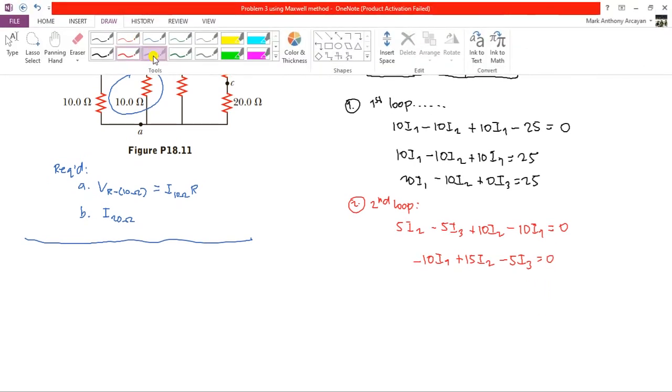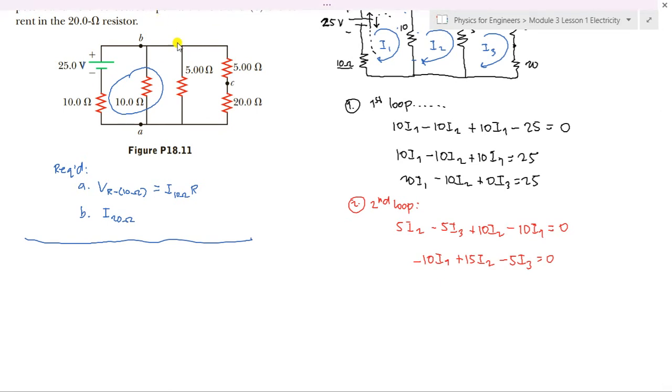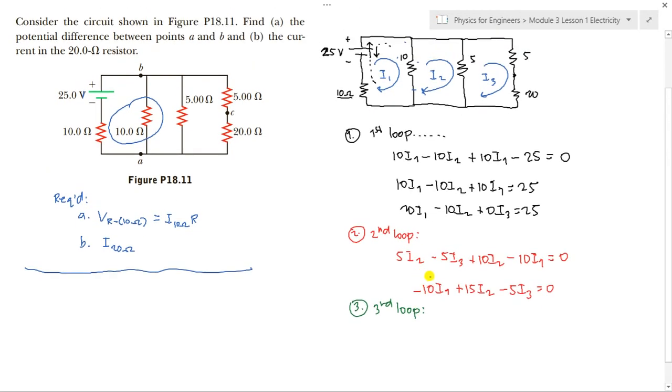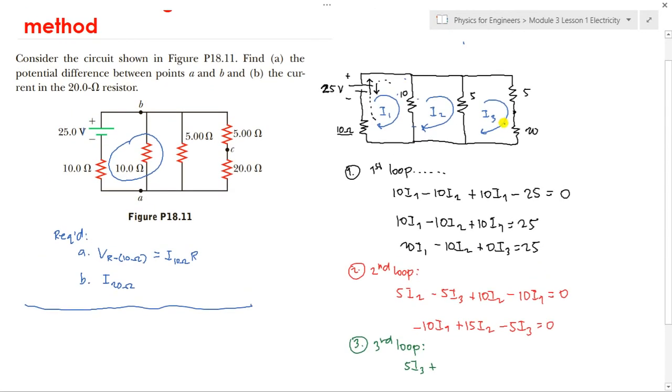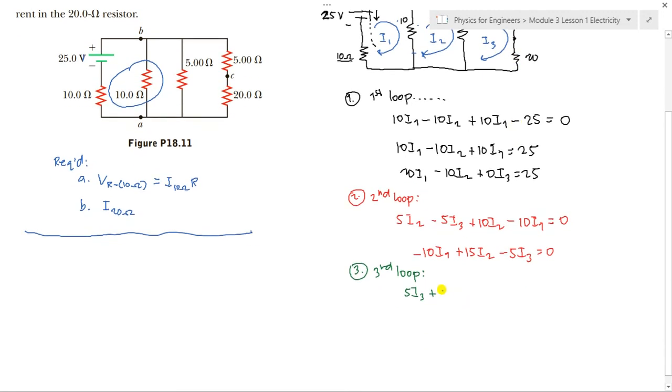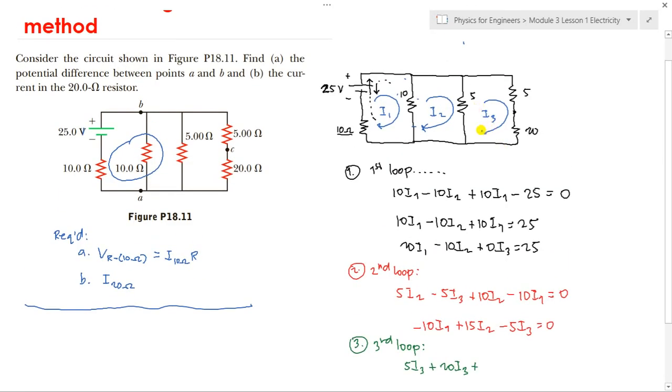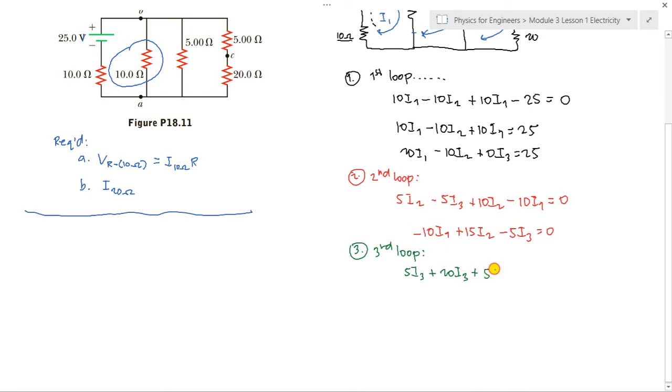Next, for the third loop, the 5 ohm resistor interacts with I3, so 5 ohm resistor times I3 plus, so plus again according to the convention. The 20 ohm resistor also interacts with I3, so plus 20 I3, and then plus again for the other 5 ohm resistor with I3, that is plus 5 I3.